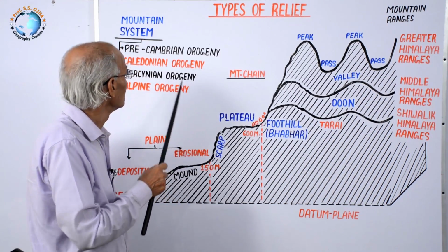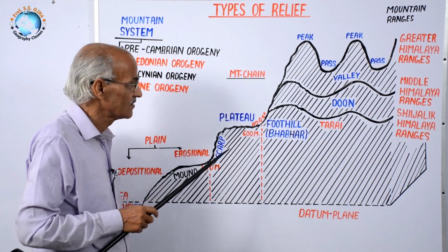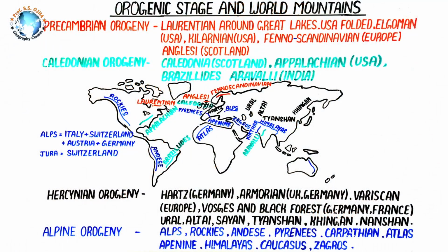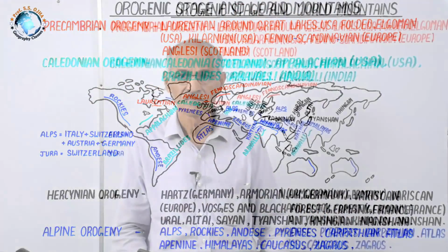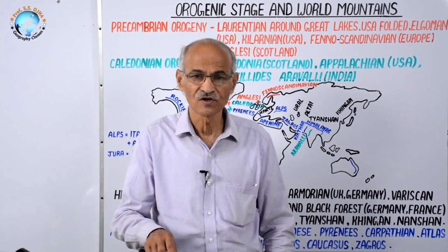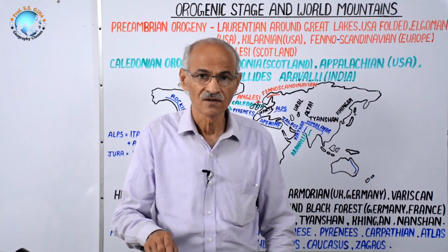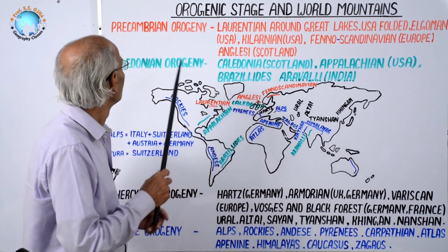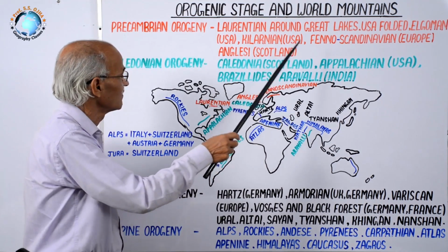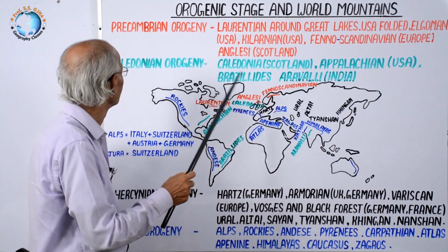Now, let us see the 4 phases of mountain orogeny in the world. There are 4 phases of mountain orogeny on the earth. The first phase is Precambrian, during which a number of mountains came into existence.